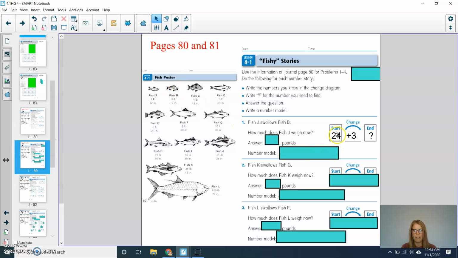So he's starting at 24 plus 3, and the end is what I'm trying to find out. My number model is 24 plus 3 equals 27. So my answer is going to be 27 pounds. I'm not using the inches information, I'm just using the LB, which stands for pounds, information.